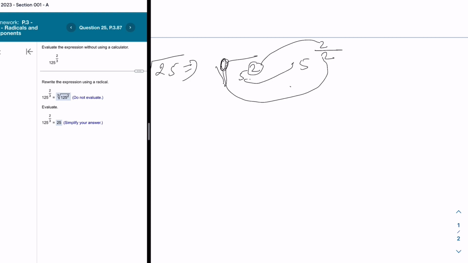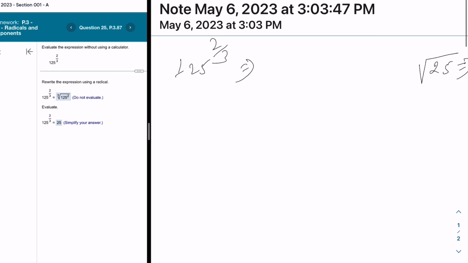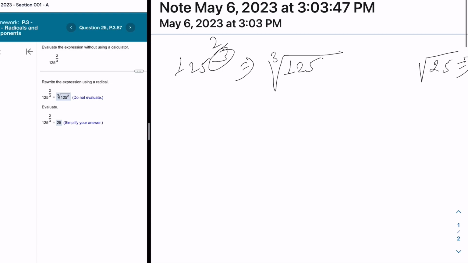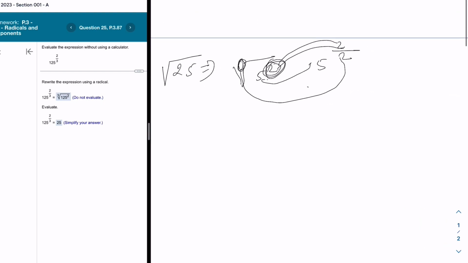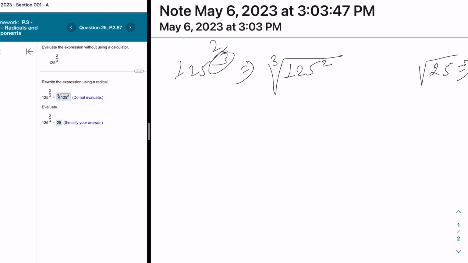So the root will go down as a denominator and the variable will go as a numerator. So here it's the same thing. We will first write 125, give the root, but we don't know which root this is, so look at the denominator and put it down. And here is a square. That's it. Just like reversing this thing. Now you can solve by yourself.